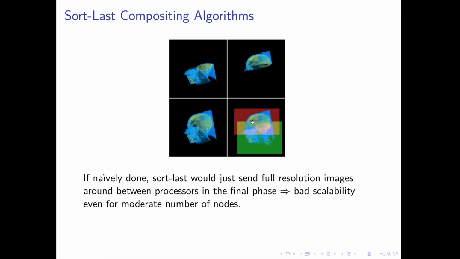That would more or less serialize the network communication to the display node, and that's of course bad. For a handful of processors that might work, but it doesn't scale when you're rendering on 64 or even more processors. For those reasons, we'll now discuss smarter alternatives to the naive compositing approach.